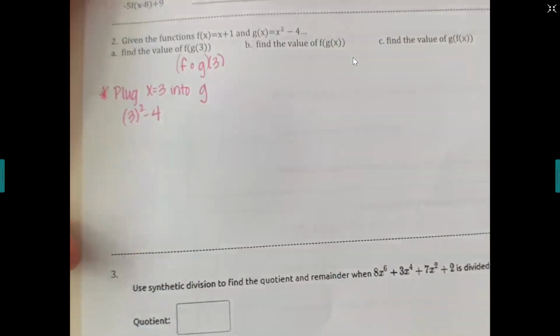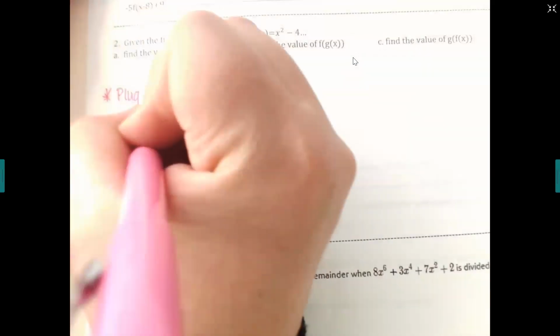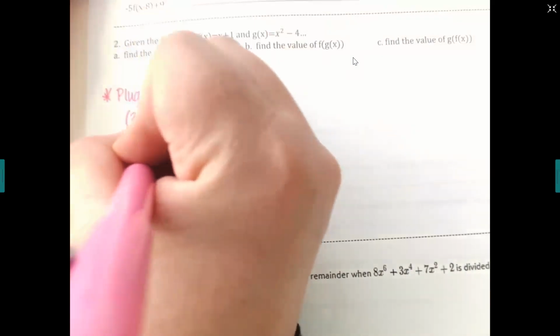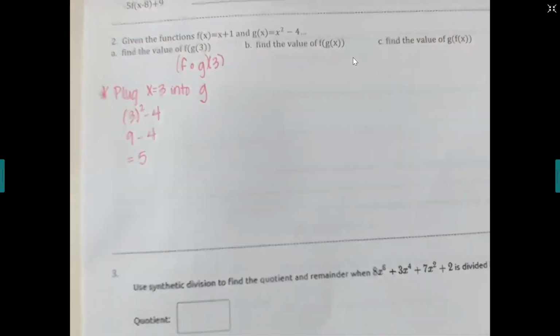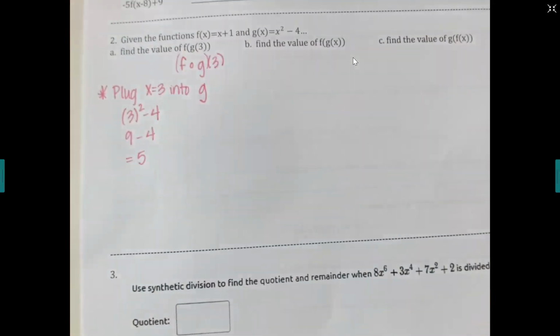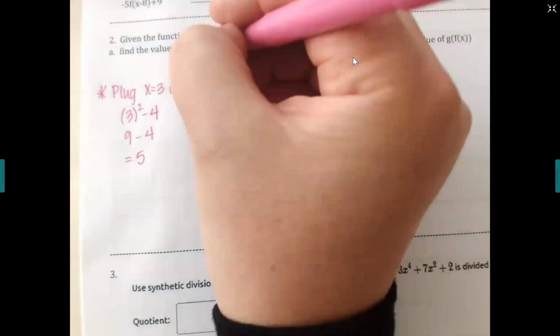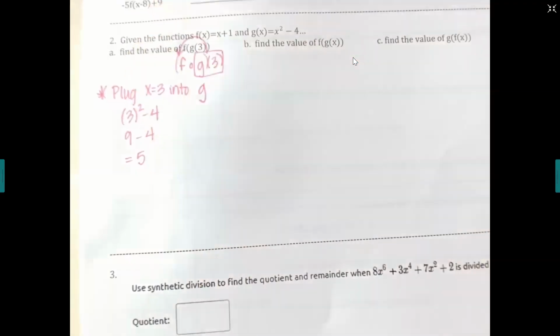What's 3 squared? 9 minus 4 is 5. Then I'm going to take 5 and plug it into f. Does that make sense? You start with the closer letter. We did g first, and now that we have that answer, we plug it into f.